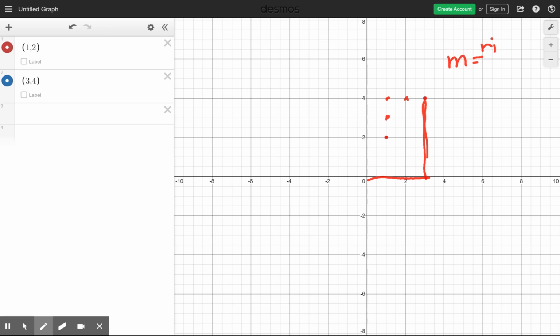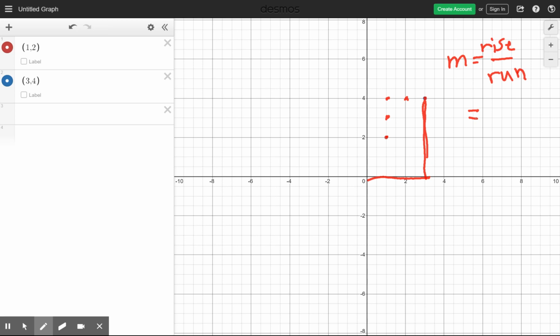Where we started with (1, 2), we went up 2 and over 2. So our rise over our run equaled 2 over 2, and we can simplify that to 1.